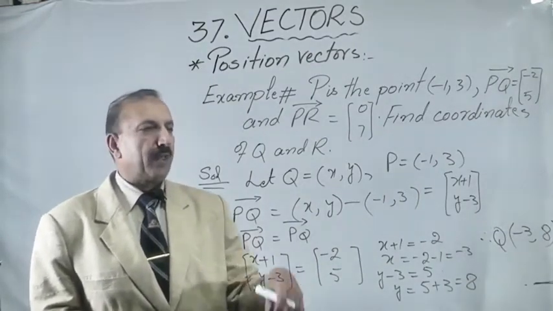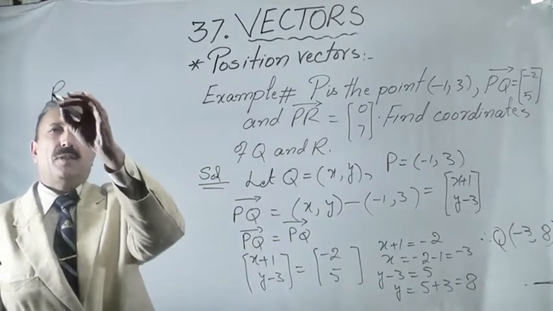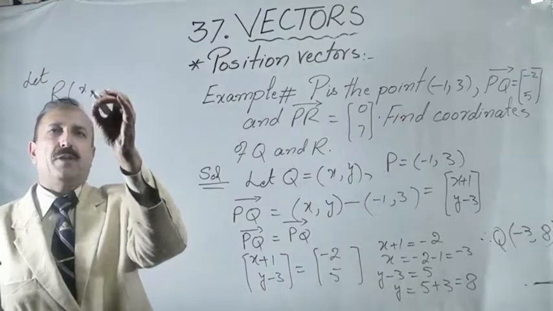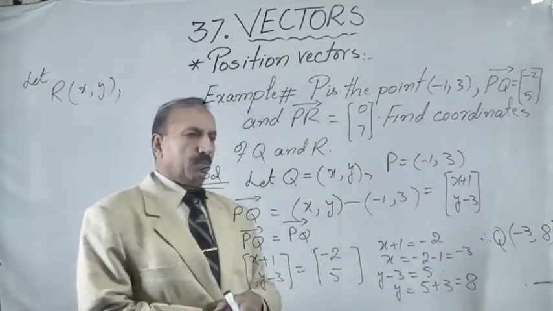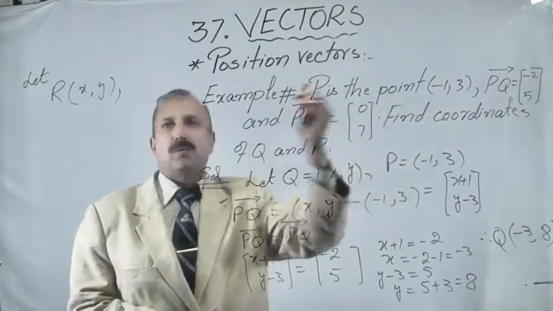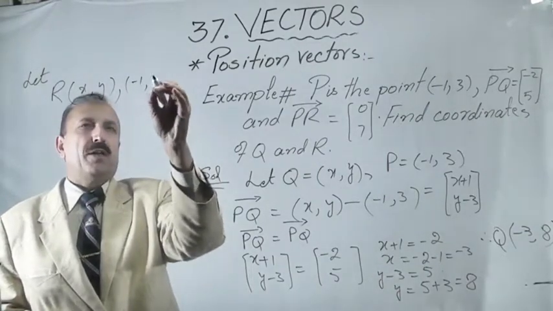Similarly, we can find the coordinates of point R. Let's work here. Let the coordinates of R are x and y, and here we will get again help from point P as well. The coordinates of point P are minus 1 and 3.